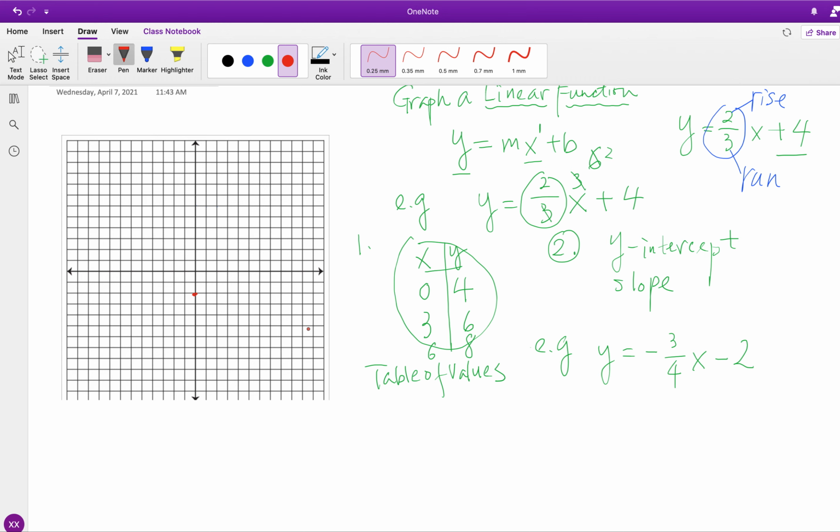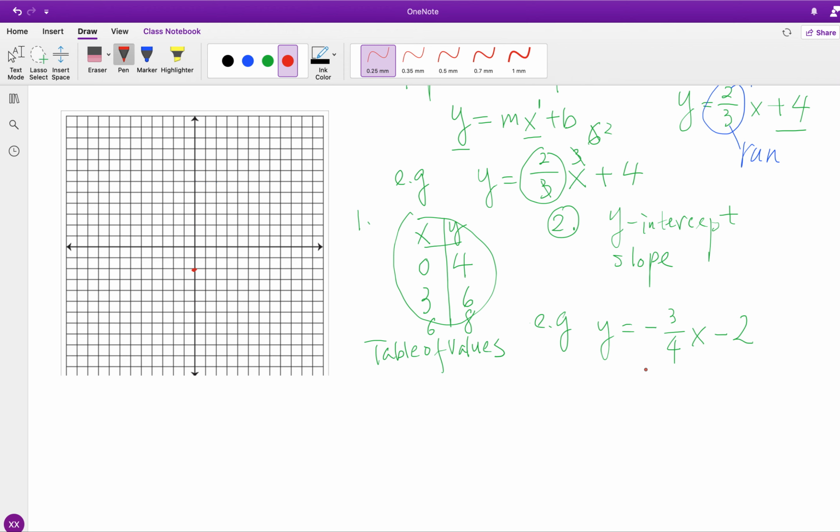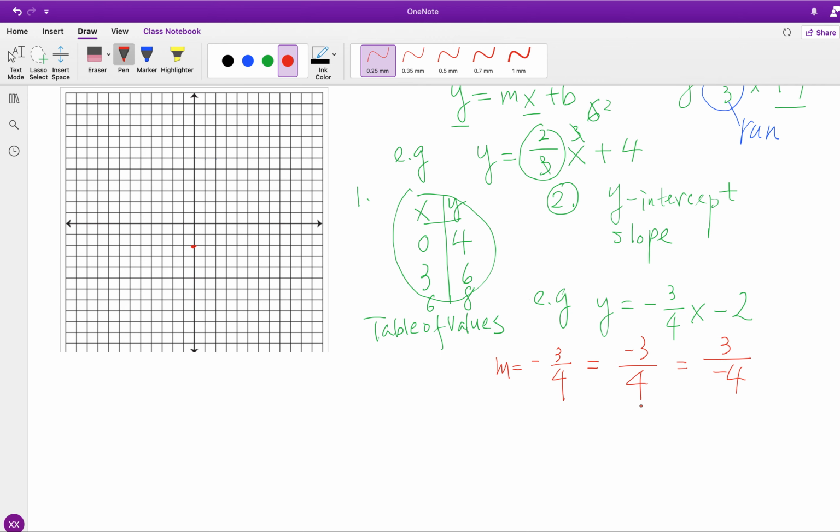Now from this point, I'm going to count the slope. Yesterday in another video, I already talked about the slope. m now is negative 3 over 4. This could be written either as negative 3 over 4, or as 3 over negative 4, either way. In the first case, your rise is a negative number and your run is a positive number.